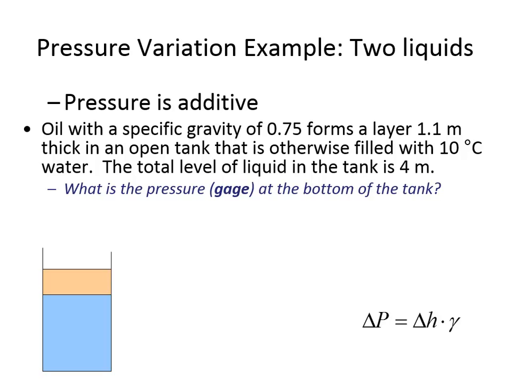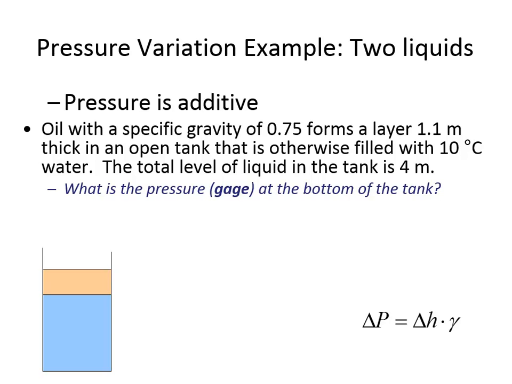Pressure at 2 will be delta H times gamma. The delta H is going to be the distance between 1 and 2, 1.1 meters. And then the gamma that we're talking about is the gamma of the fluid that we're going through.